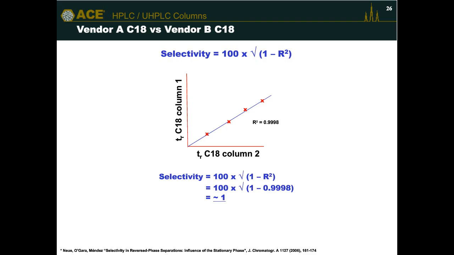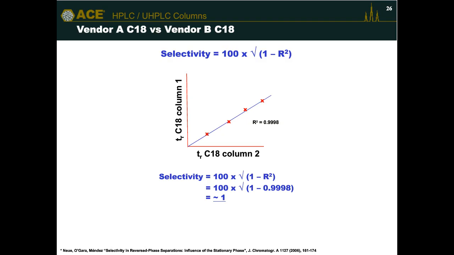The more similar those two columns, the straighter the fit will be. The more different the two columns are, for example, the more scatter there will be within the plot. And that gives you a selectivity value.